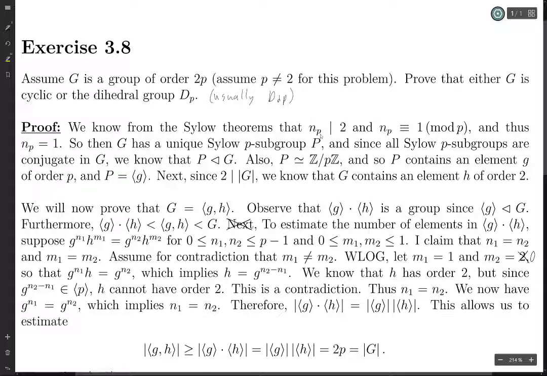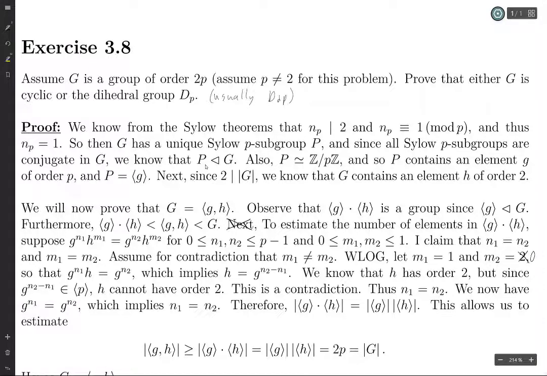And for np to divide 2, it's got to be either 1 or 2. Therefore it has to be 1. So there is only one unique Sylow p subgroup, and we'll call it P. And we know that all Sylow p subgroups are conjugate in G, and therefore this is a normal subgroup of G. Again, this is one of the most useful facts from the Sylow theorems.